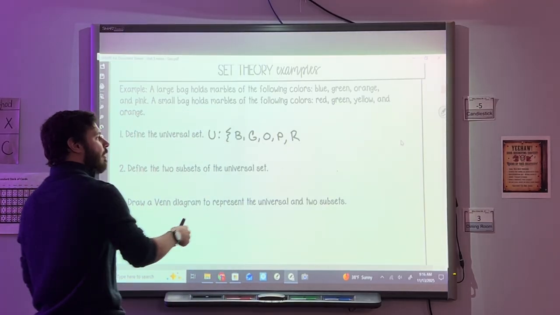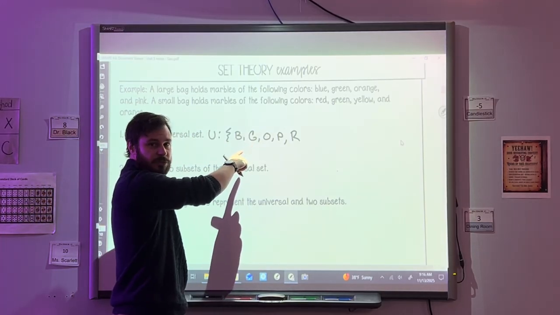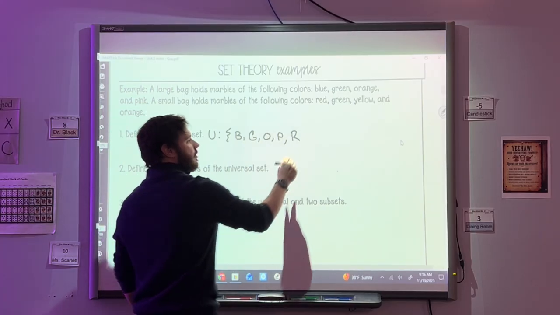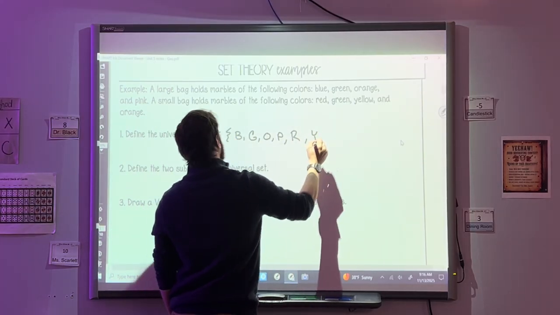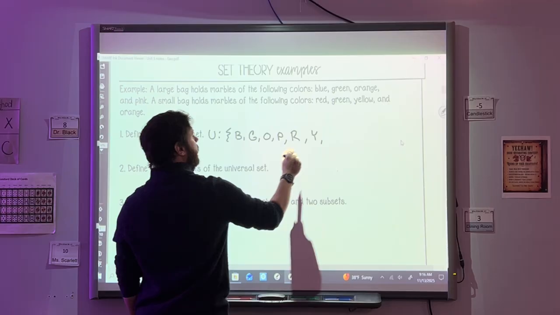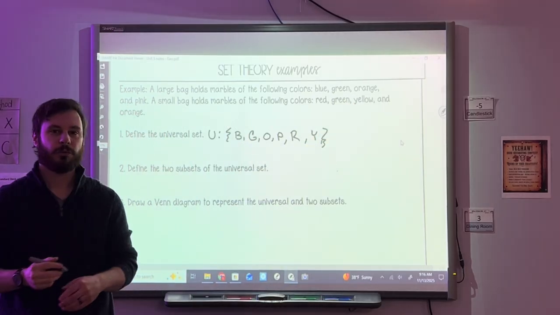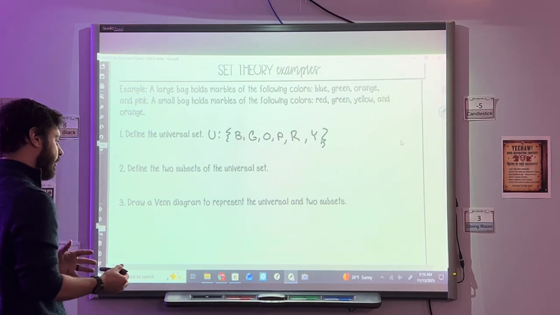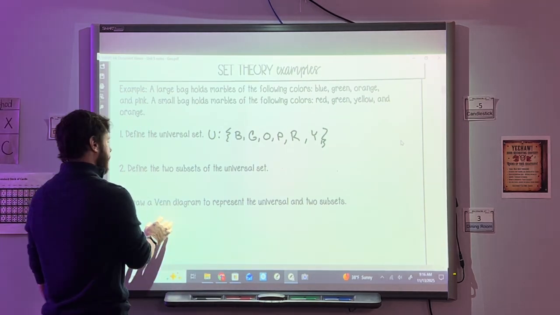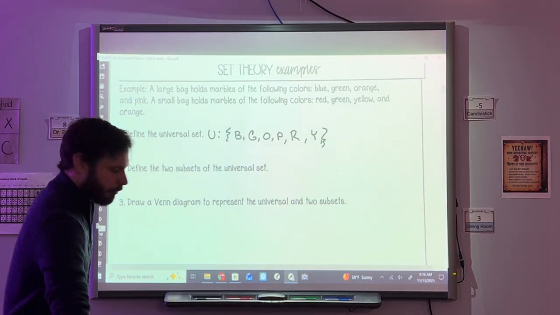Okay, well the big bag already had green. I don't need to write it twice. I'm not gonna double dip on colors. Yellow and orange. Did I already have orange? I did. Okay, I don't need to repeat elements. Once it's already counted, it's good.